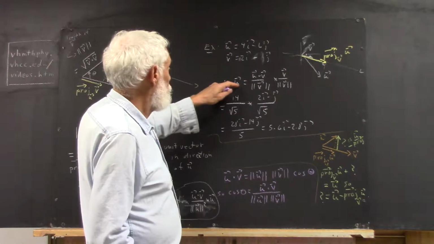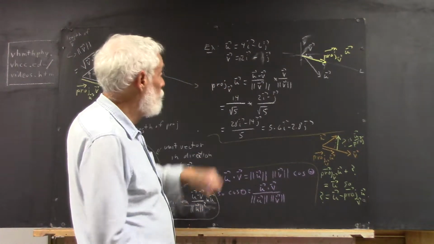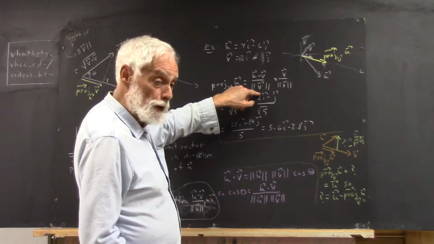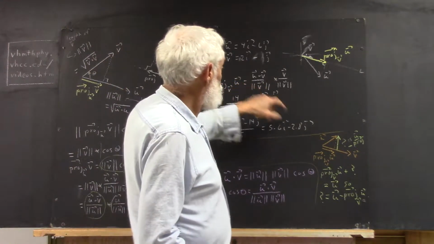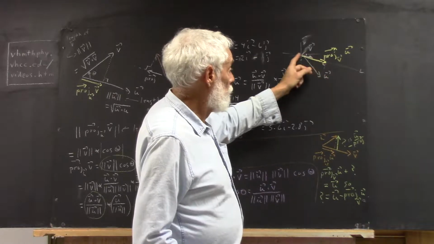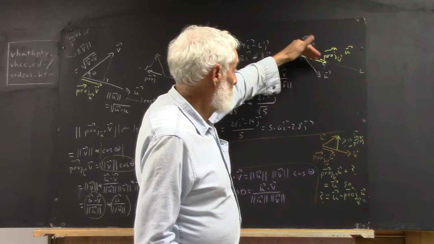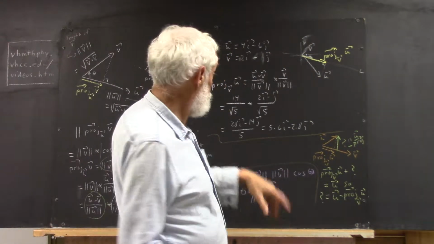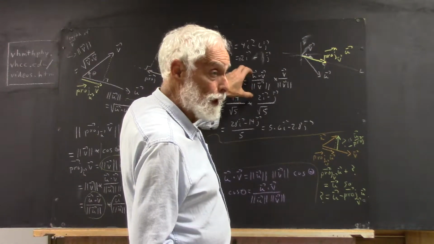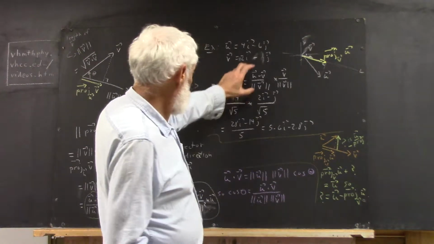We want to project u onto v, projection onto v of u. So we have the u dot v over magnitude of v, which is just the length of this side. And since the angle between these two vectors is clearly less than 90 degrees, we understand that this is going to be positive. Well, we can calculate that.